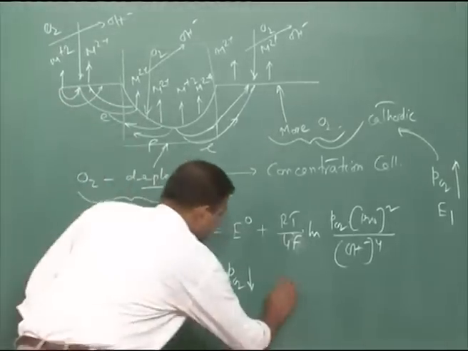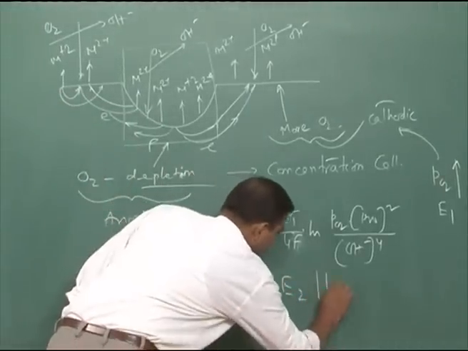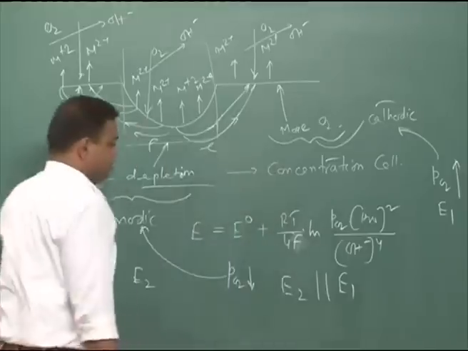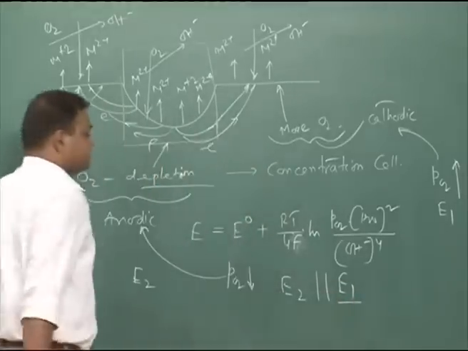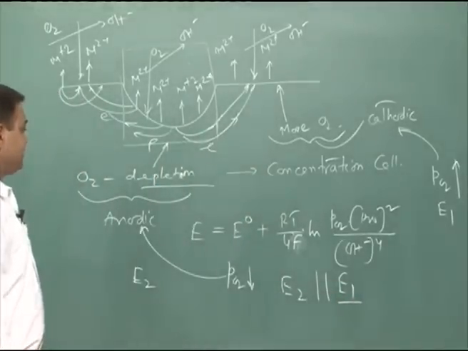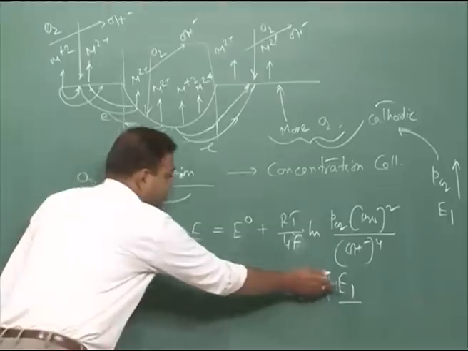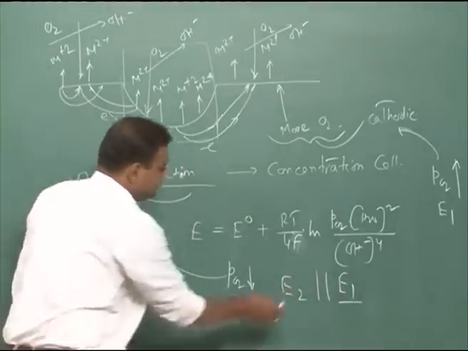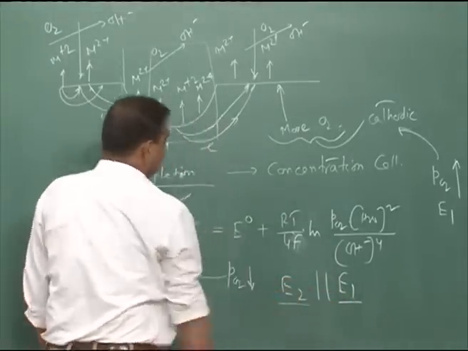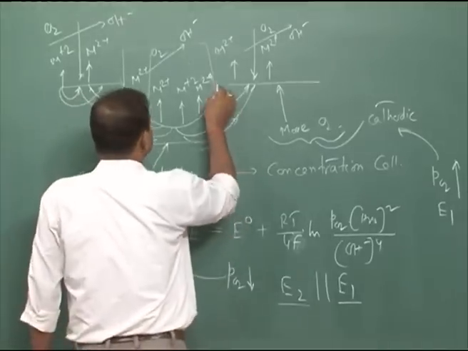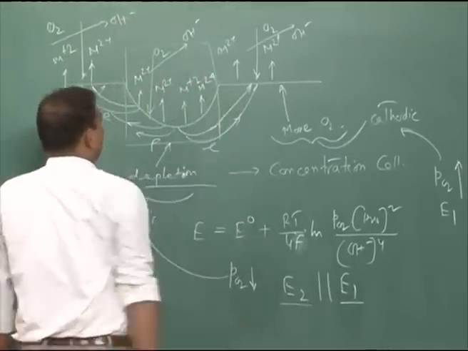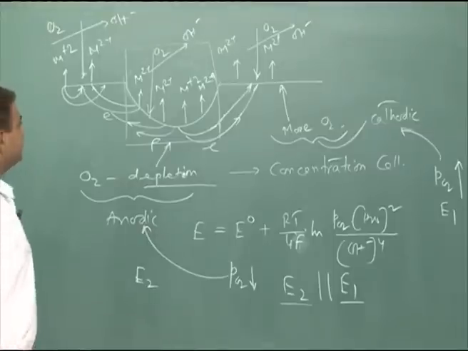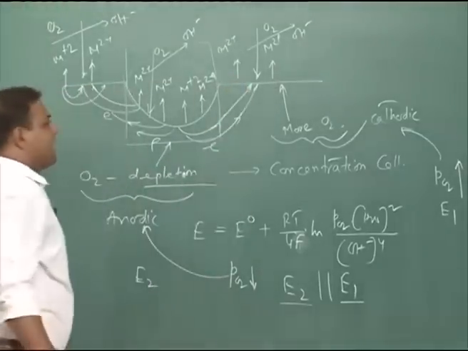So, we have an E2 zone and an E1 zone. Since E1 is the reduction potential that is larger, this will act as cathode and this will act as anode, so this part will have the anodic zone and this part will have the cathodic zone.